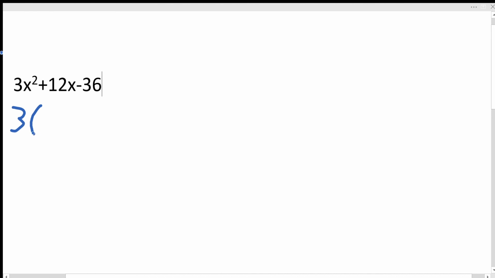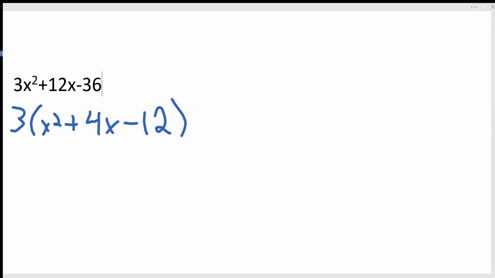So we'll have 3 multiplied by x squared, and if we have our 12x divided by 3, we'll be left with 4x. Negative 36 divided by 3, negative 12. So now we see that what we are left with inside these parentheses here is quite easy to factor, just like we did in the other example.